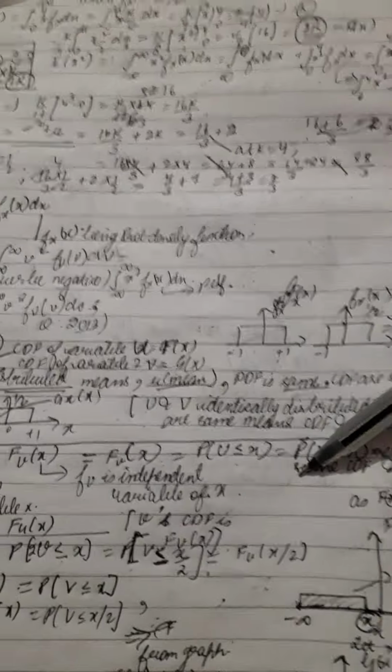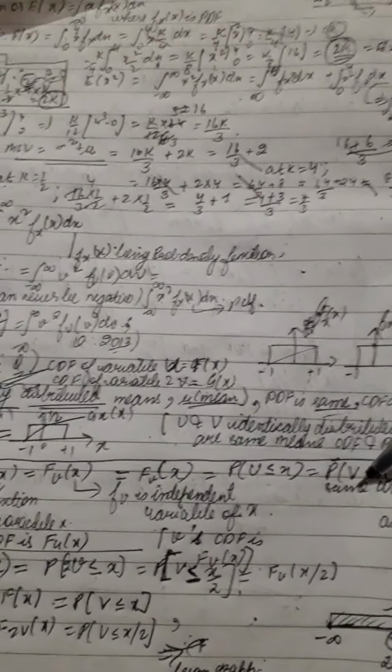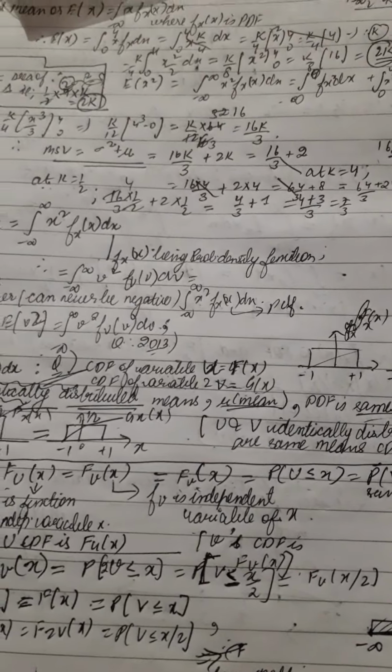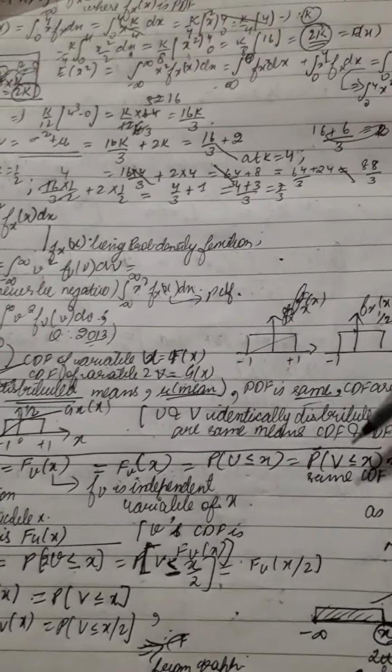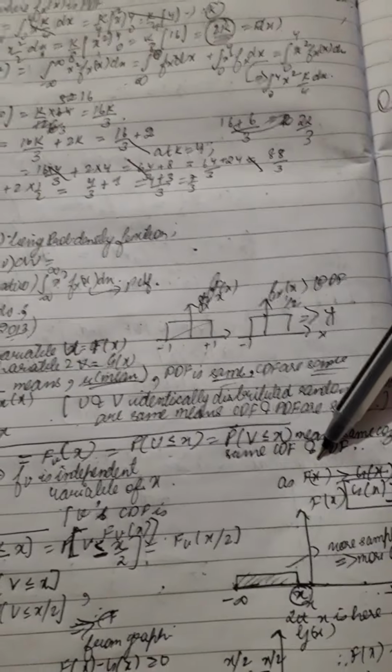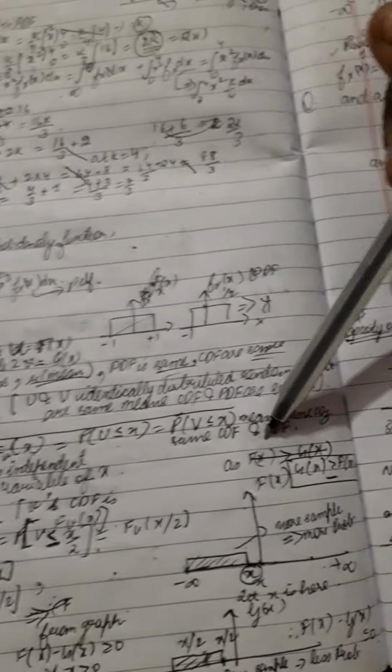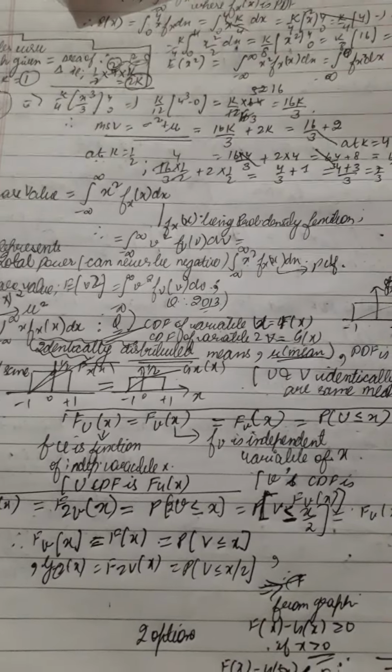The probability of the first random variable to occur will be exactly similar to the probability of the second random variable to occur, because they have the same CDF and the same PDF also. That is what is mentioned, that they have the same CDF and PDF.